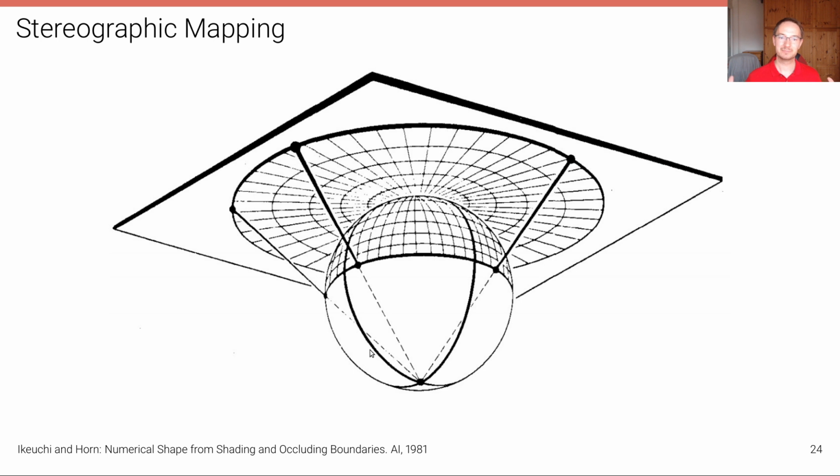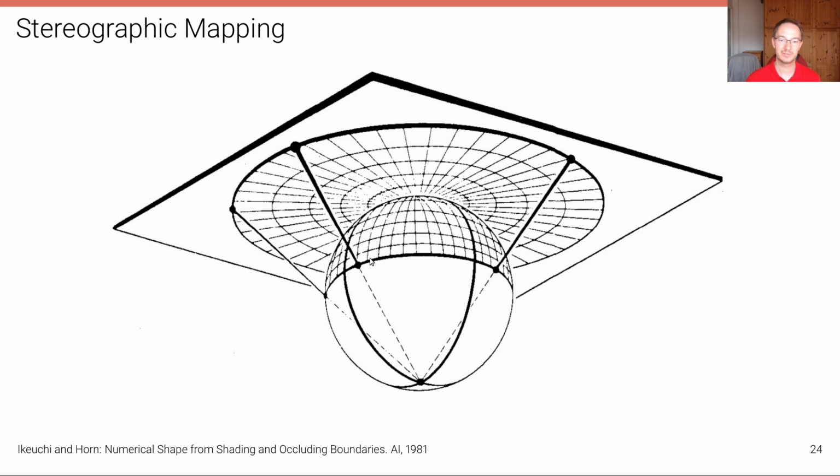Here we can see why we bound the set of possible solutions now. This is the case because the most extreme normals are orthogonal to the viewing direction. So they lie on this equator of this sphere here. And if we take this point at -1 and we draw a line through the equator, we end up at a circle here on the FG plane that has a radius of 2.